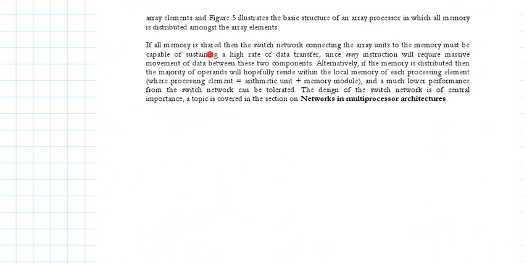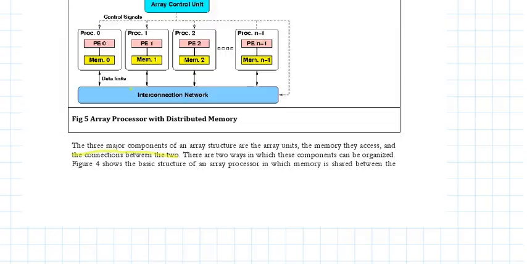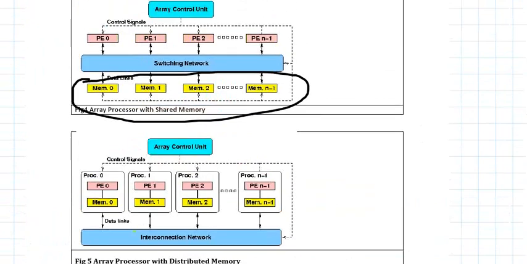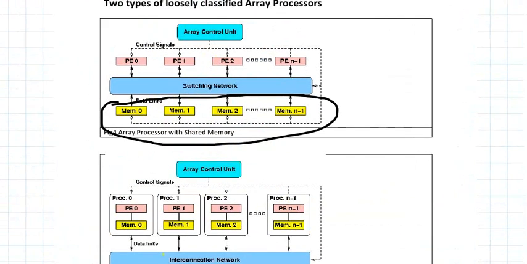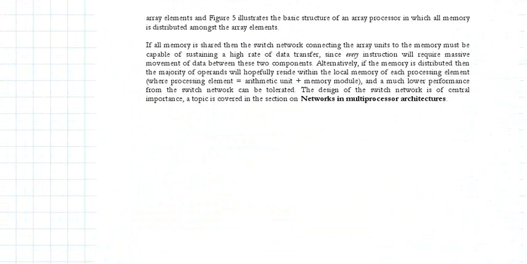If all memory is shared, as in figure 4, then the switch network connecting the array units to the memory must be capable of sustaining a high rate of data transfer, since every instruction will require massive movement of data between these two components.